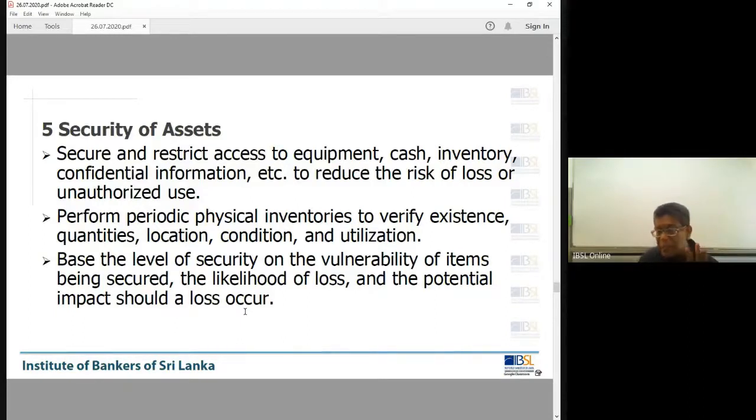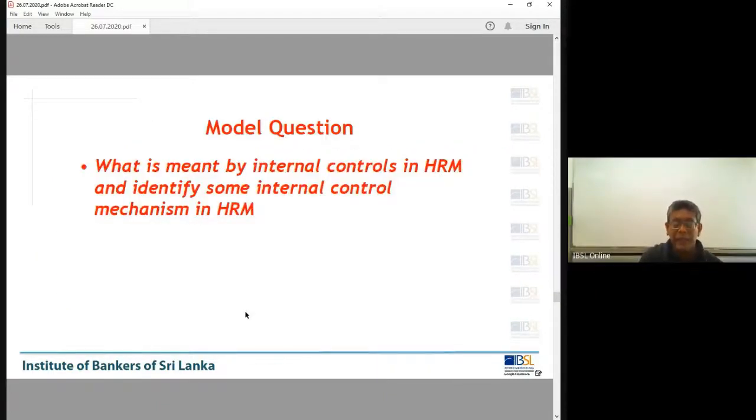With this broad framework, I'm trying to familiarize you. So what is meant by internal control in HRA? What are the internal control mechanisms in HRA, human resource management? Do you think internal control must be there only in operations? No.